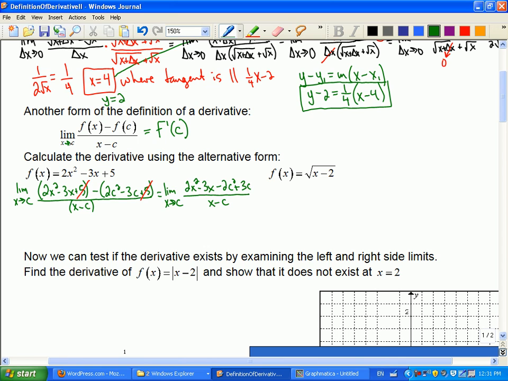So each piece either has a multiplication by x or by c. But now we have to think of a way to rearrange this so we can factor out that problem, right? That x minus c is still giving us a problem. Okay. So let me just try and readjust some of this limit for you.